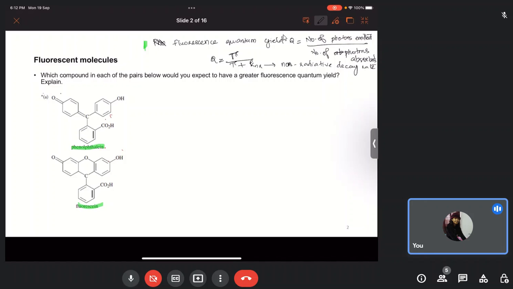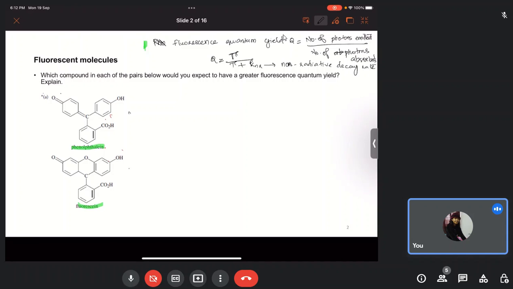So if we have been asked which of these two molecules has a greater fluorescence quantum yield, we have to find out whether the molecule has a rigid structure, whether it has delocalized electrons, which one has greater delocalization, things like that.